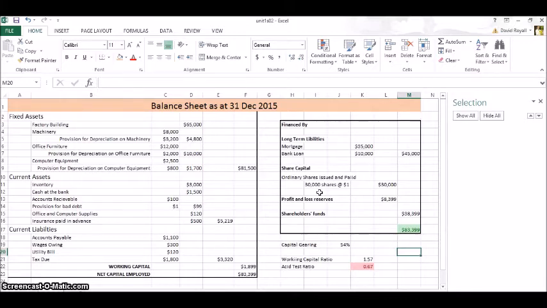We'll say for $1.50. 5,000 shares for $1.50. Well, we now have 35,000 shares. So I'm going to change that number to 35,000, but you can't change the nominal value. So 35 lots of $1 is 35,000.